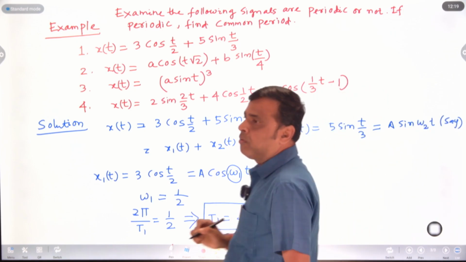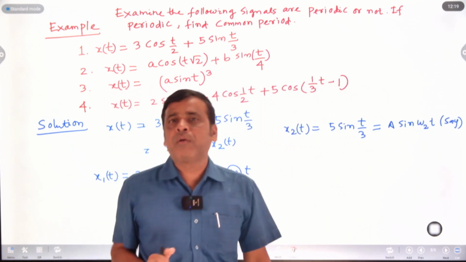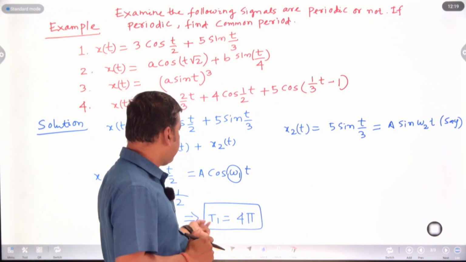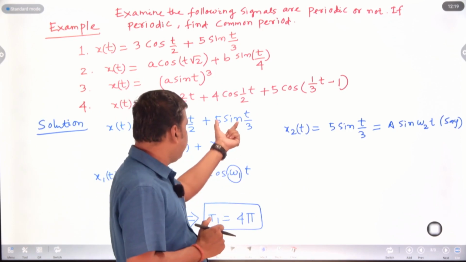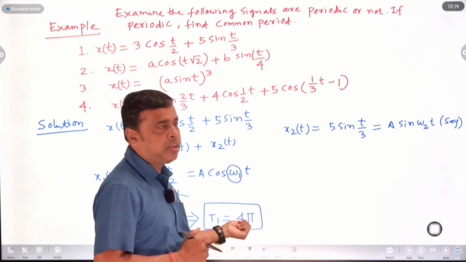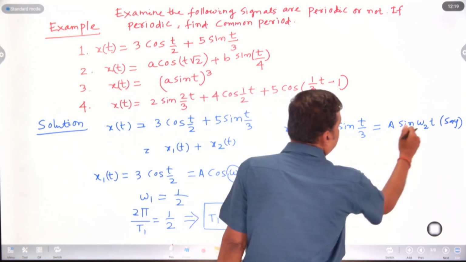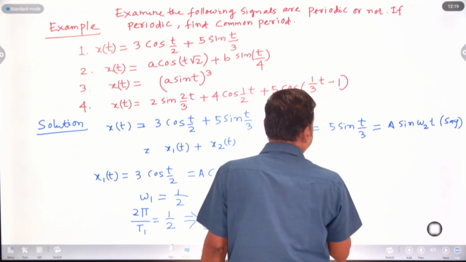Okay. Now our intention is to calculate the time period. In the first sinusoidal signal we calculate the time period T1. In the second sinusoidal signal we have to calculate T2, the fundamental period. So here omega 2 value is how much? Omega 2 value is 1 by 3 here.